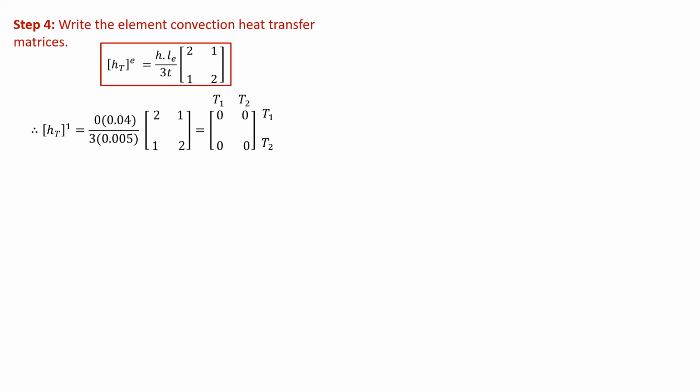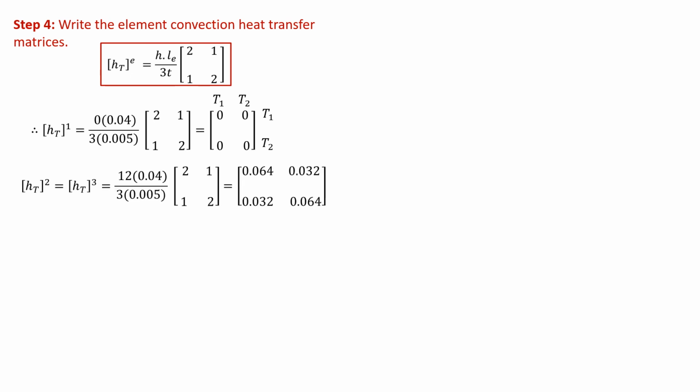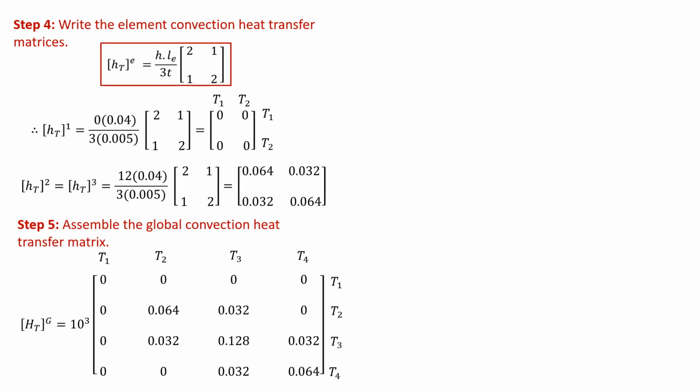Therefore, H2 and H3 are equal, as shown. Next, we assemble these 3 matrices to form the global convection heat transfer matrix, as shown. We can see that for row and column T1, the value is 0, as element 1 has a zero H matrix.